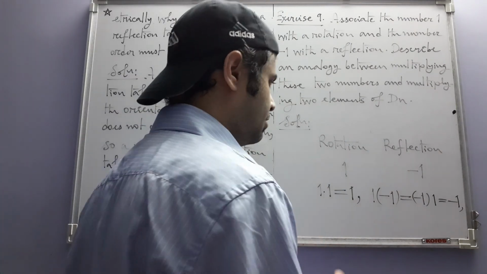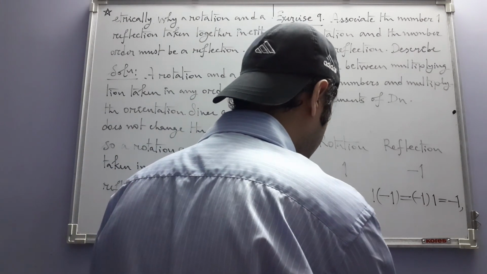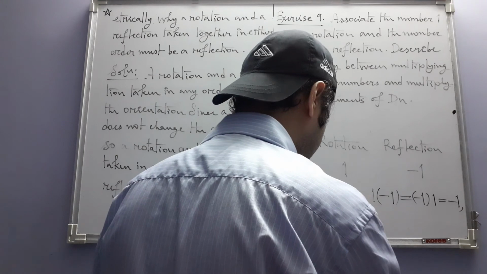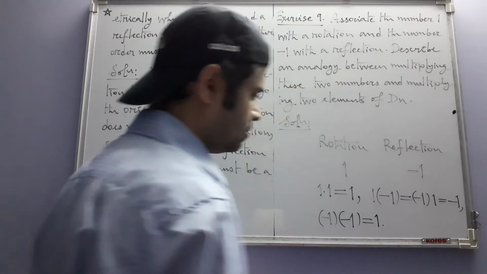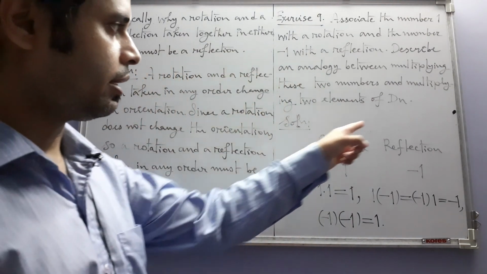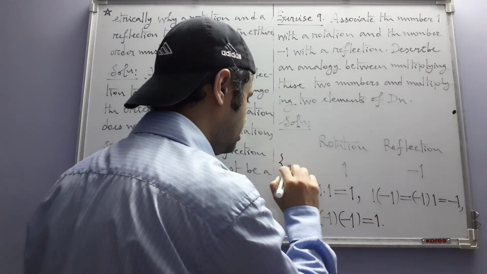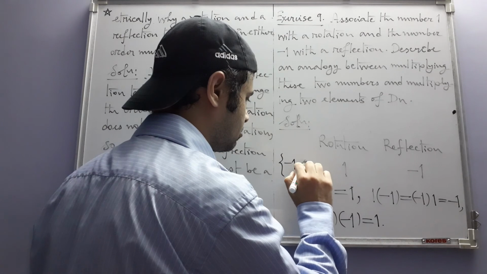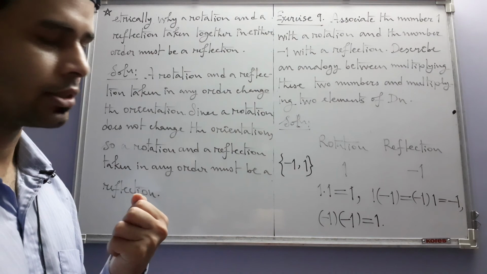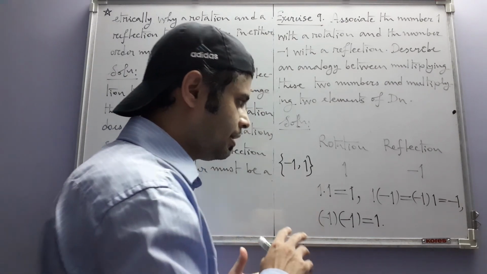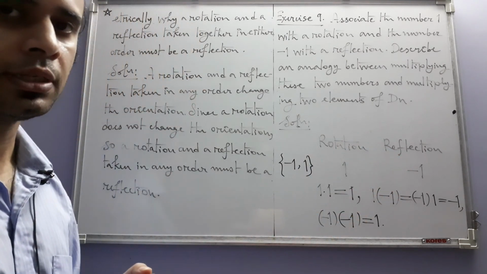And finally, if we perform 2 reflections successively, then that is equivalent to a rotation, which is like multiplying -1 with itself and getting 1. So without looking at the group Dn, you can look at the set of these 2 numbers and the operation of ordinary multiplication to at least know what will happen when we multiply 2 elements in Dn.